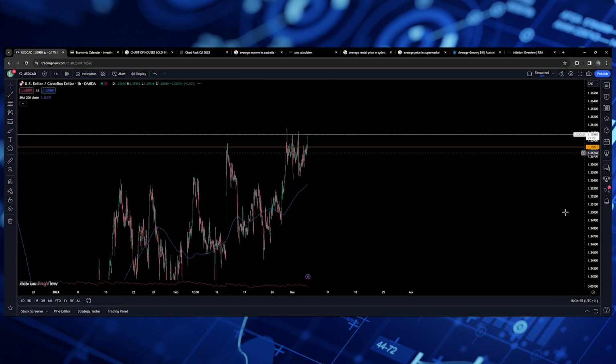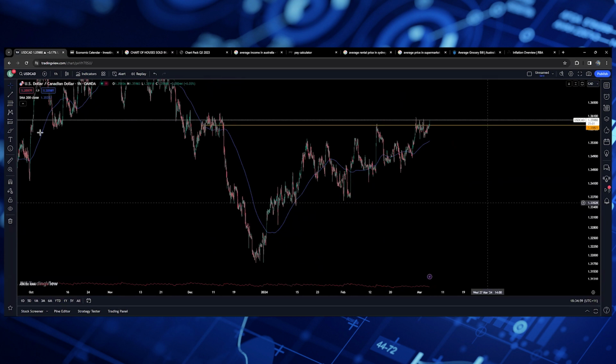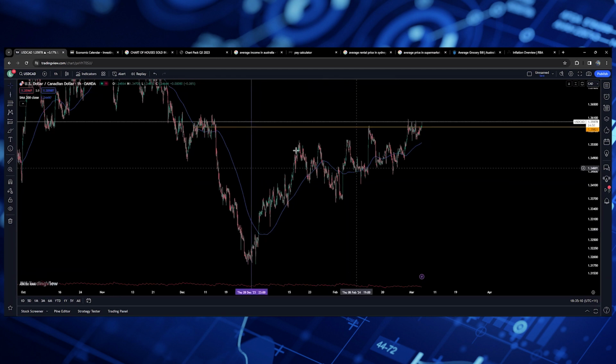What's happening here? All right, since the beginning of this year, if we look at this. Okay. That's cool. Just got my target hit. I've mentioned to someone that this would be my first target of USD CAD, this level here.